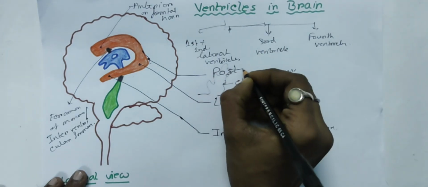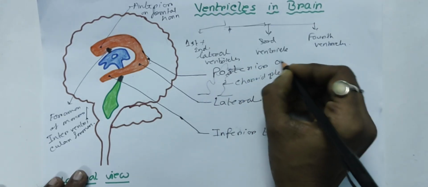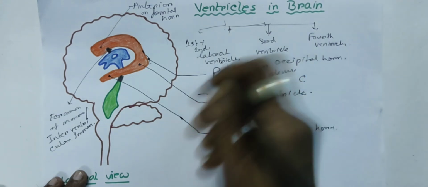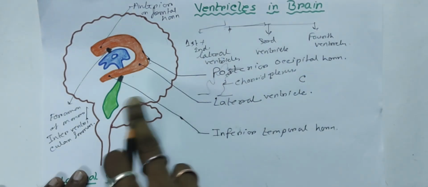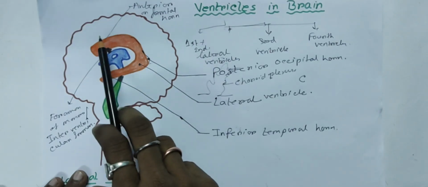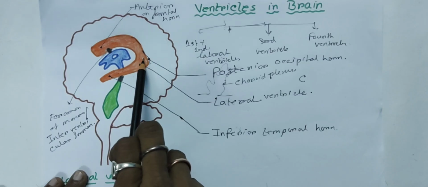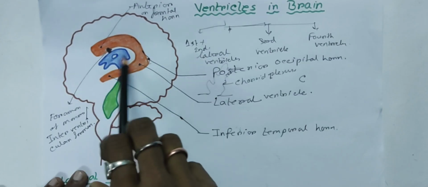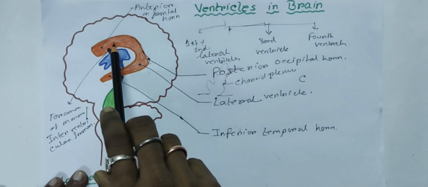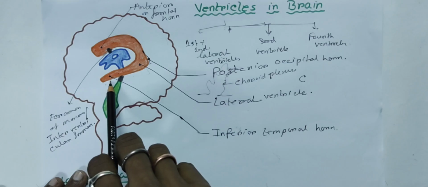So the lateral ventricle has three horns: the anterior frontal horn, the inferior temporal horn, and the posterior occipital horn. These are connected with the three lobes. This is the anterior frontal horn, this is the posterior occipital horn, and the inferior temporal horn.